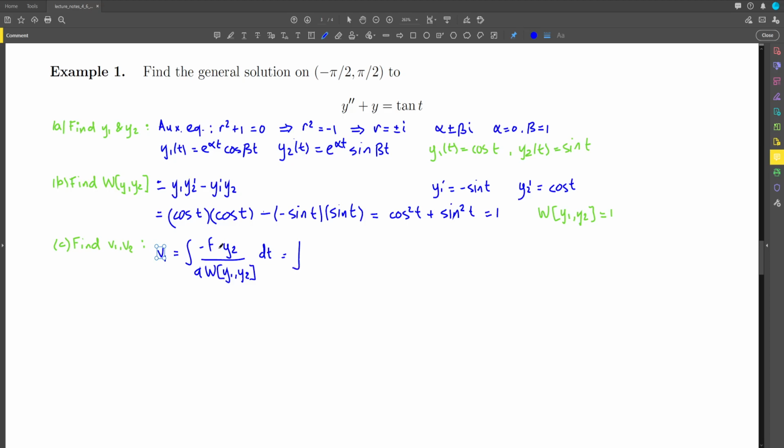Okay, so f is our function here on the right hand side. So this function here, tangent of t, that's our f of t.